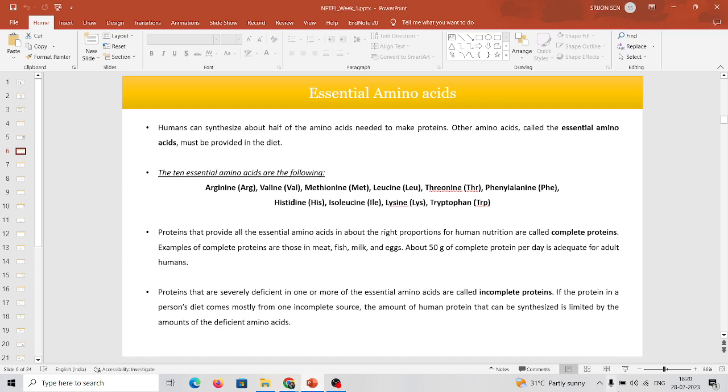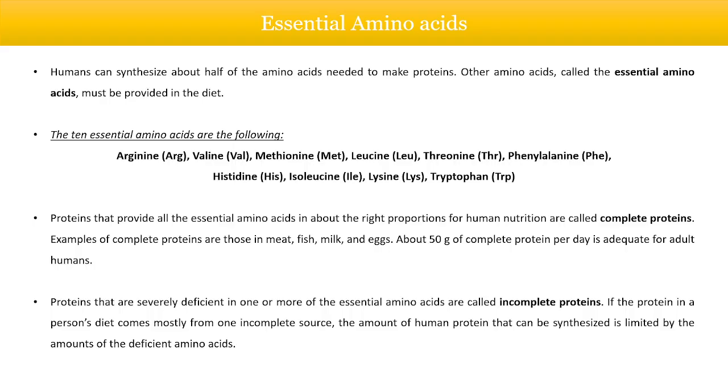Okay, so moving on. These are some of the essential amino acids. So humans can synthesize about half of the amino acids which are needed to make the proteins. The other amino acids are called the essential amino acids, which must be provided in the diet, and these amino acids are not prepared by the body, so we have to provide them from outside through our diet or our food habits.